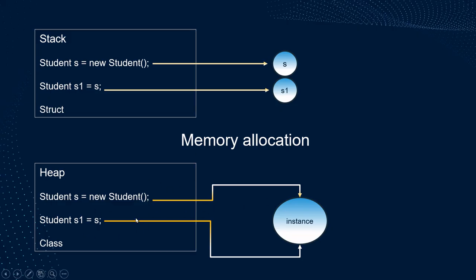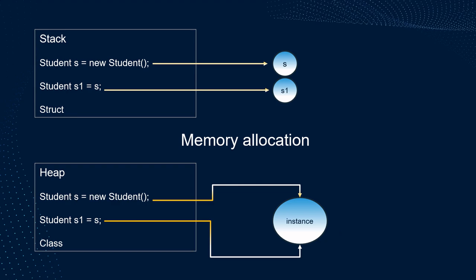In the structure, which is a value type, s gets copied into s1, but here it does not copy. It basically refers to the same memory allocation. So in the structure we have two different memory allocations, but in case of class we have only one memory allocation. So let's look at this in action.